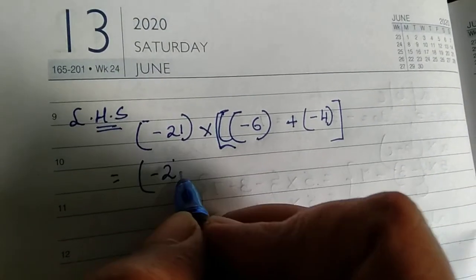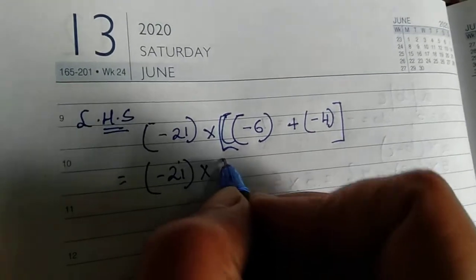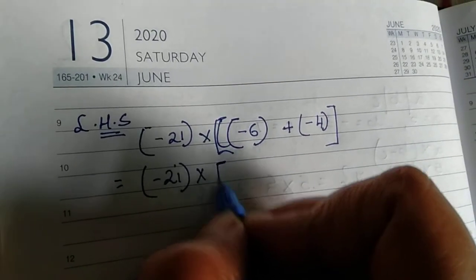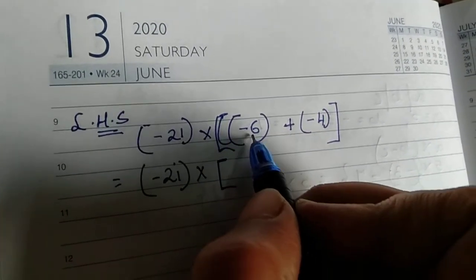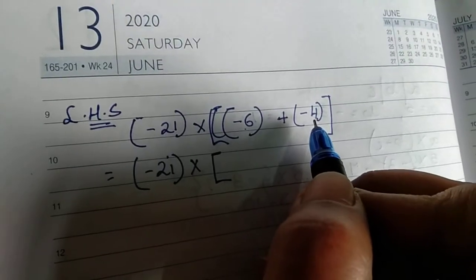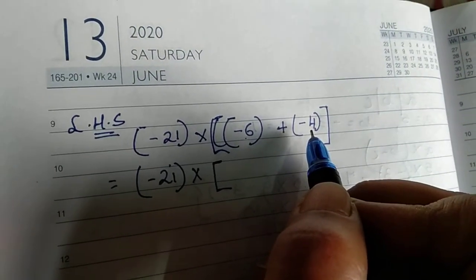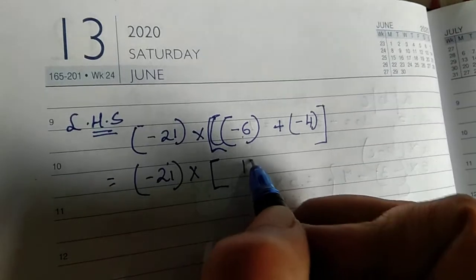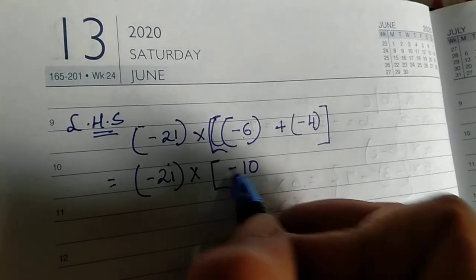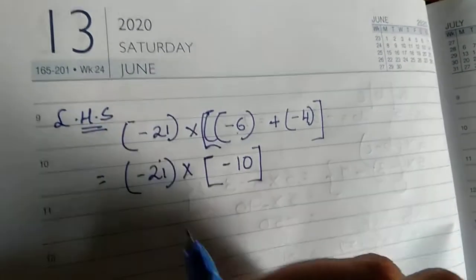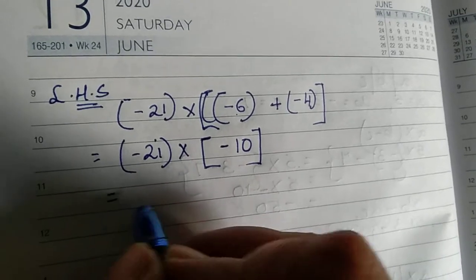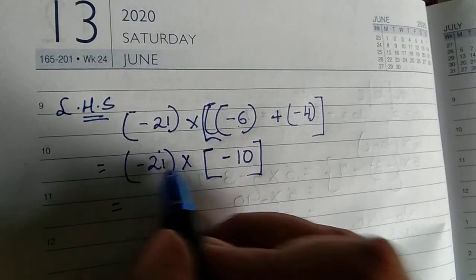That is minus 21 into minus 6 plus minus 4. This is minus 10. That is equal to minus 21 into minus 10.